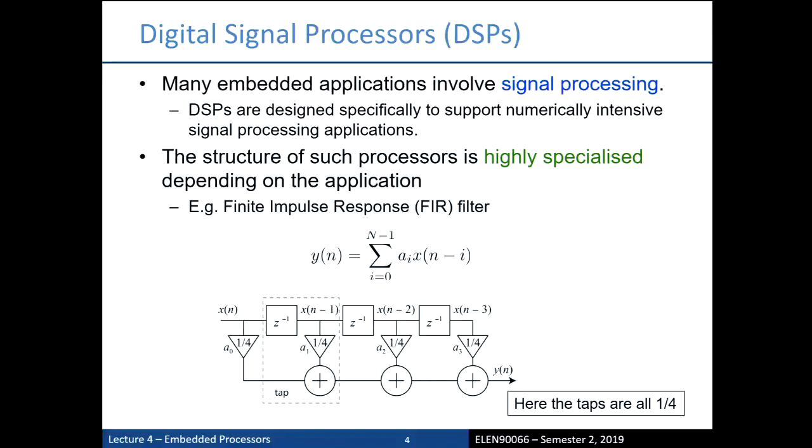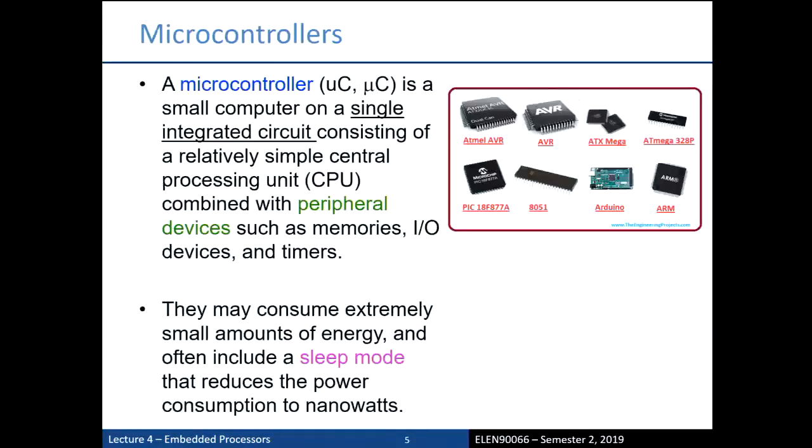Very particular units, and you could program the taps in there, for instance. Those coefficients A, in this case, are all a quarter. So it's highly specialised and implements canonical signal processing algorithms. We won't talk about DSPs because, once again, they're a world unto themselves, but they're a family of processors. We're going to focus on microcontrollers because these are what you're going to be programming, and these are ubiquitous everywhere.